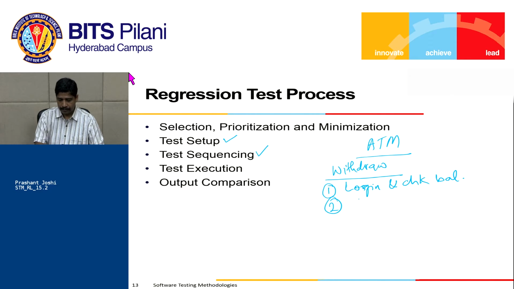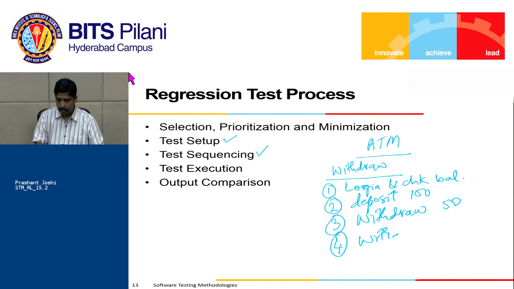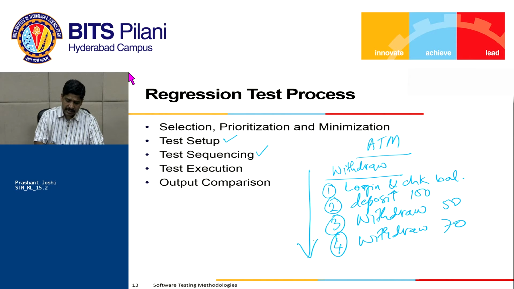Then I deposit money, say deposit 100. Third, then I do withdraw 50. Fourth, withdraw 70. So this becomes a sequence.